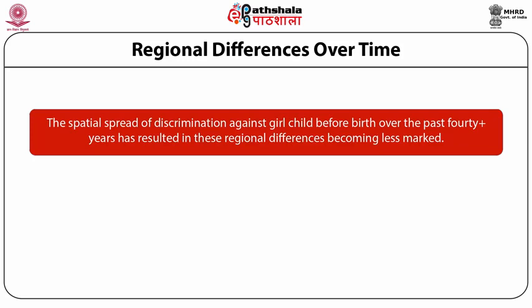The change over the last 20 years, between the 90s and 2001 and 2001 to 2011, is that not only are the worst areas becoming much worse, but we are also seeing greater discrimination at birth in southern India and eastern India, which traditionally had better ratios.